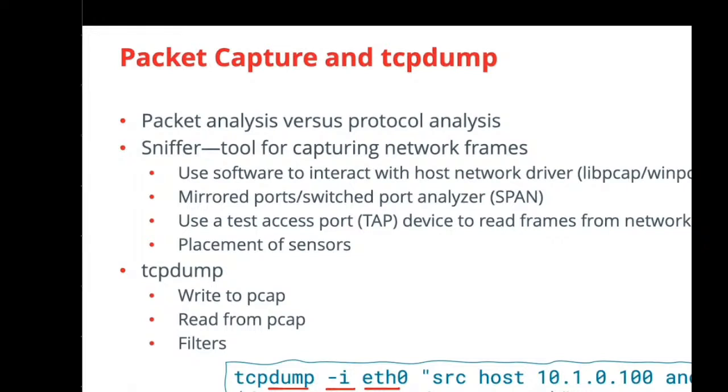This particular command will filter and give you the output where the source IP is 10.1.0.100 and the destination port is either 53 or 80. That's basically the command line version. A bit difficult to use.